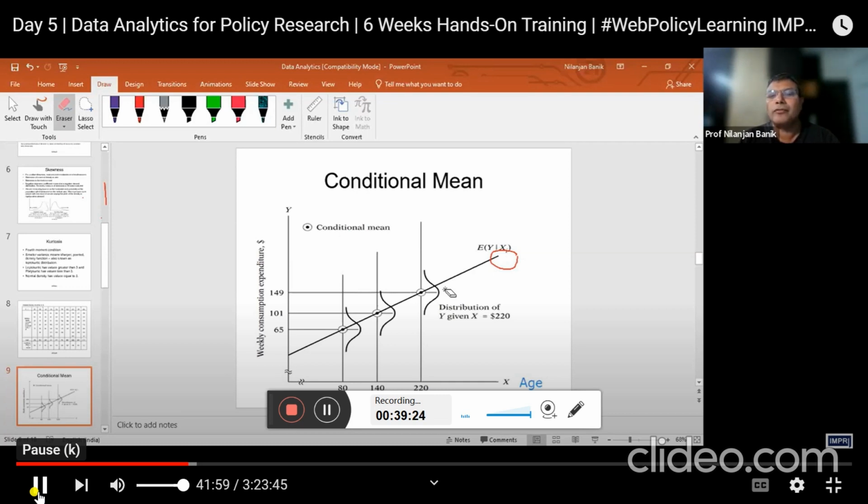There you'll have to fit a hyperplane, and you can imagine each observation as a small ping pong ball floating in the air, and your objective is to fit the hyperplane in such a way that the sum of squares of error is minimum. That's what is being done in the classical linear regression function.